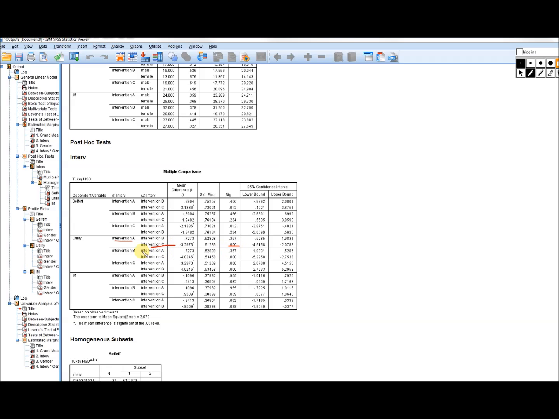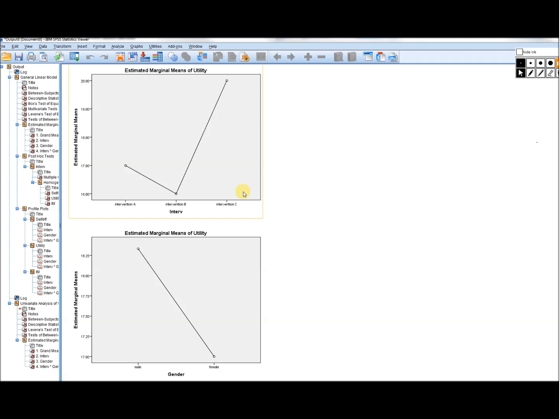There was a difference there, and then B versus C, and there was a difference there. So in the post hoc tests for intervention, there was no difference between A and B, but both of these groups were significantly different from C.